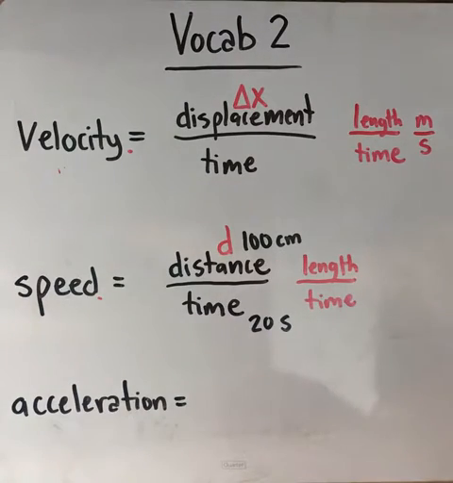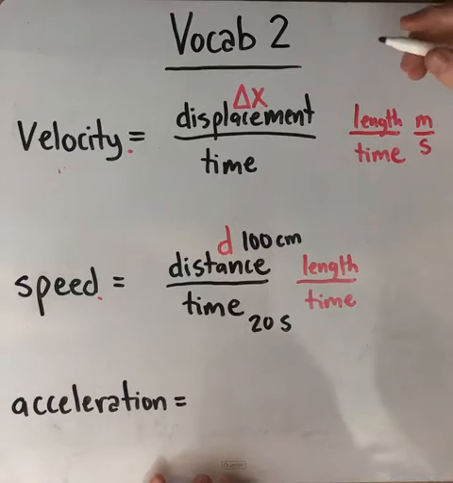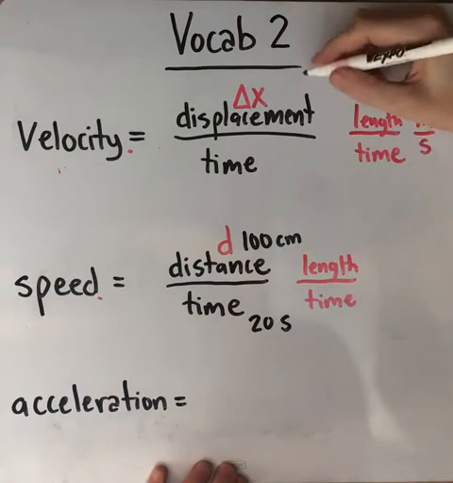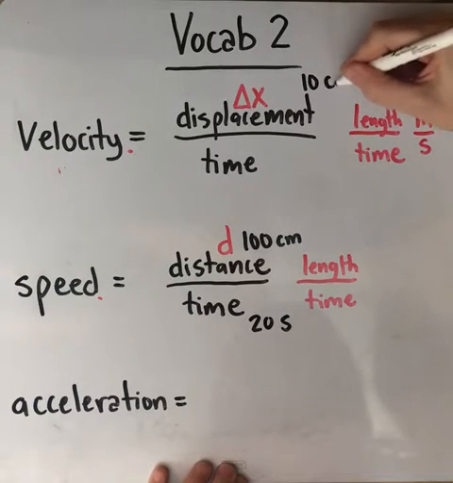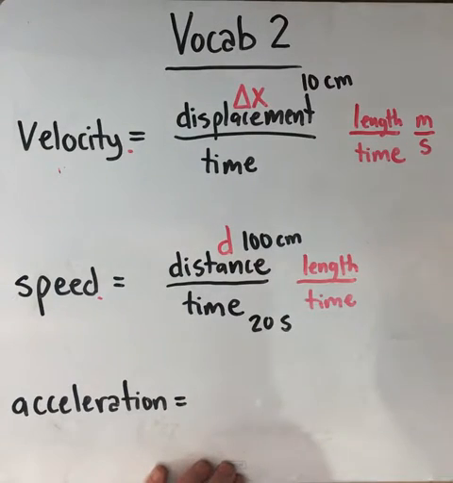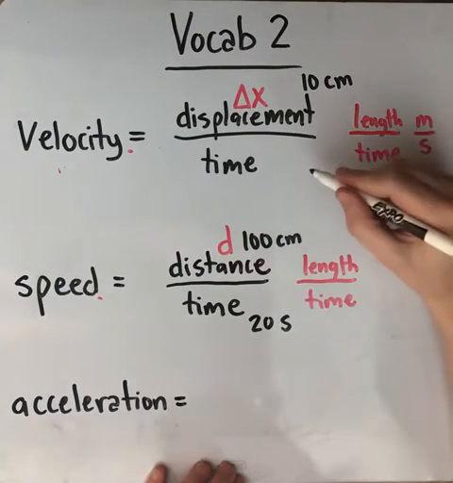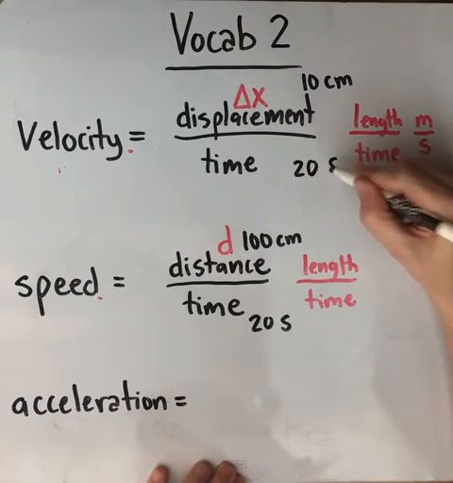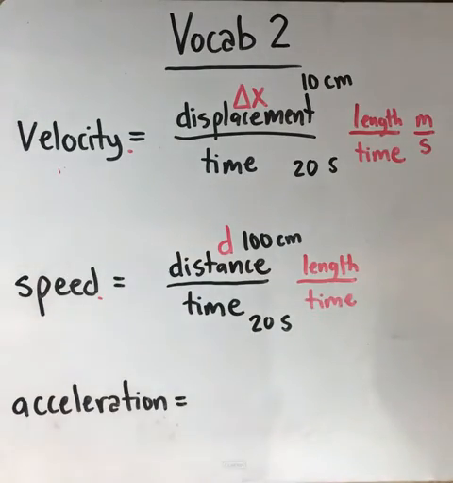But because the mealworm didn't go in a straight line, it followed a squiggly, wiggly path. By the time the timer ended, the poor little mealworm was actually only 10 centimeters from where he started. And it took him 20 seconds to get there.